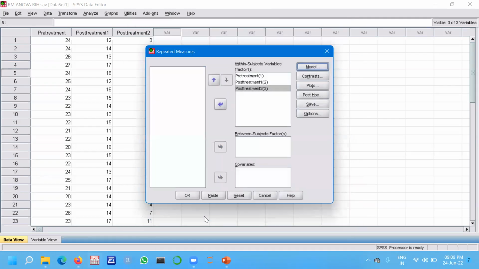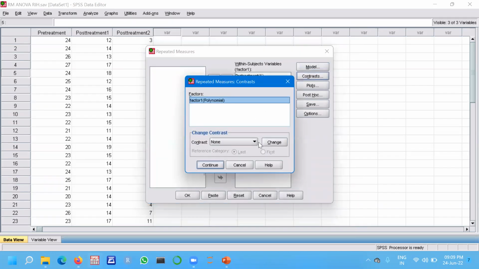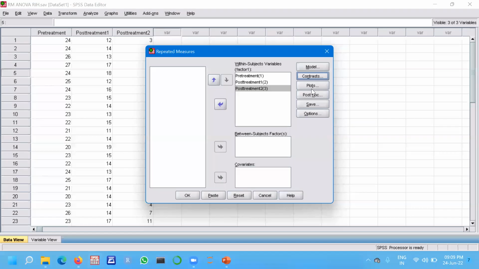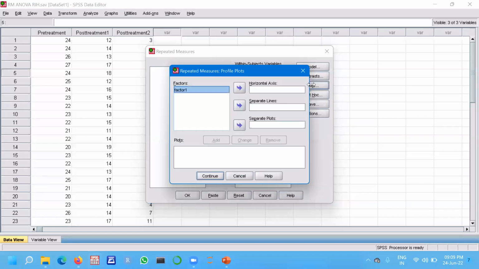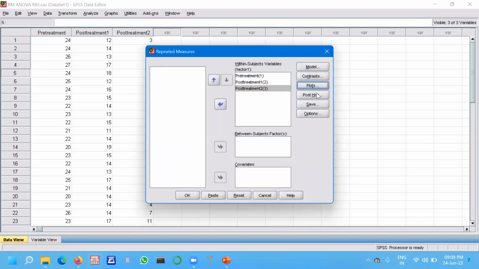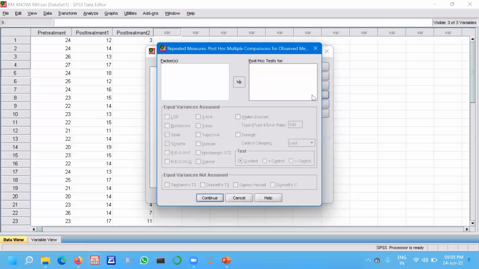Now let us see the model. No need to manipulate anything here. Contrast. Nothing should be changed here. Then plot. Nothing should be given here. Post hoc. Nothing is required.